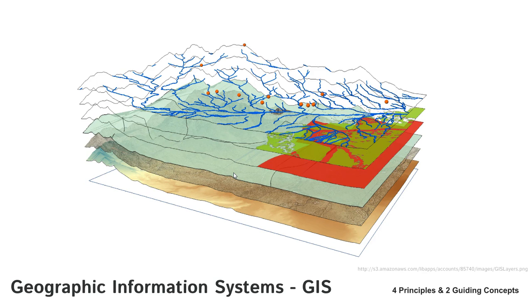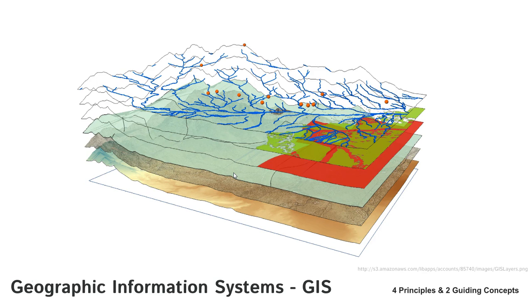One commonality between all modern day GIS systems is that they operate by principles. And there's 4 really critical principles that I want to introduce, and then 2 guiding concepts. So the rest of the lecture here is going to cover these 4 principles and these 2 guiding concepts.